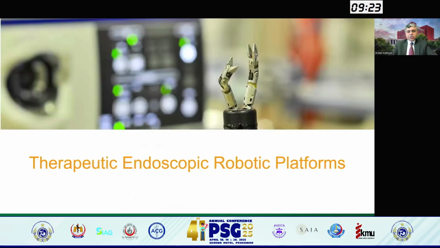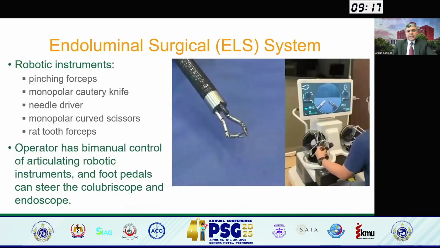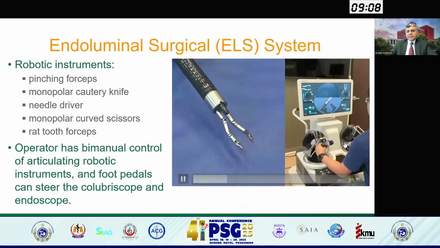So we're not going to talk about every platform that is available out there, but I'm going to just try to give you one example of a platform which is called the endoluminal surgical system. It's a very smart robotic platform that uses a concept of a human console where an endoscopist could be sitting, utilizing both of their hands, just like how a surgeon would sit on a console and then perform procedures.